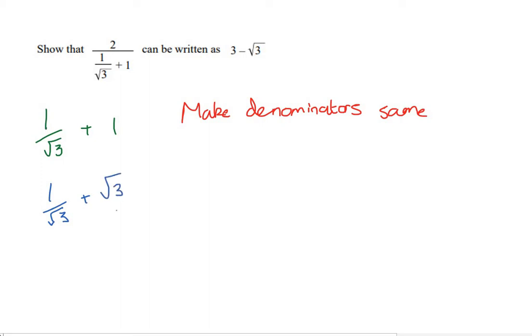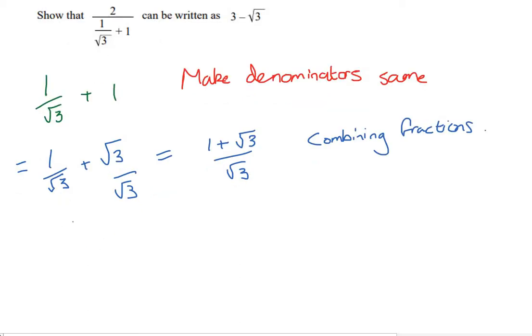So this becomes 1 over root 3 plus root 3 over root 3, because anything divided by itself is 1. Then we can combine these numerators, like so. So combining fractions.